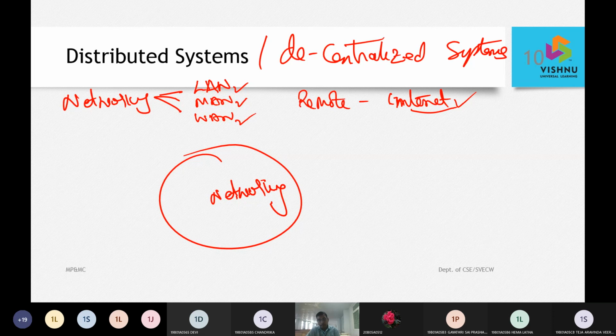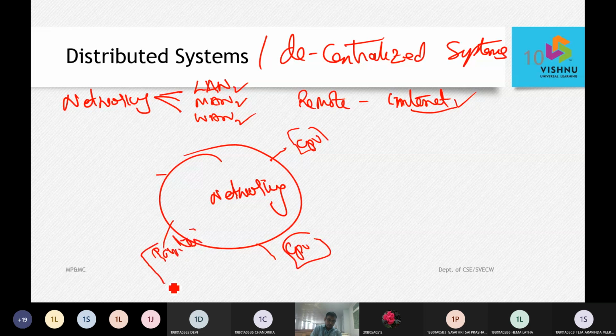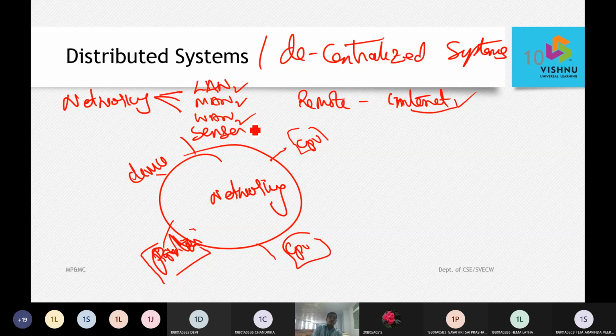In this networking approach, it can connect to a CPU, a printer, or any device, even some sensors.